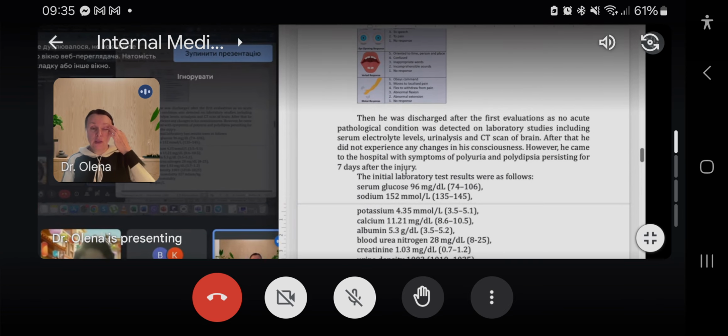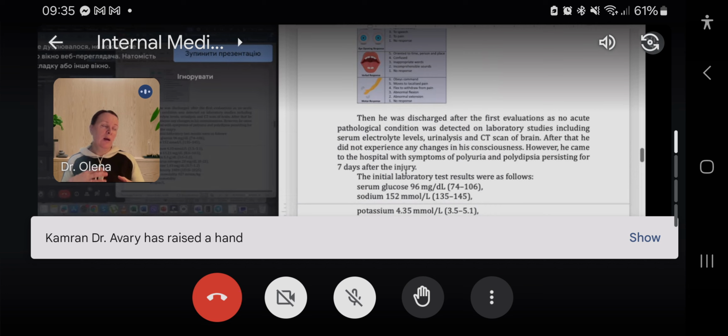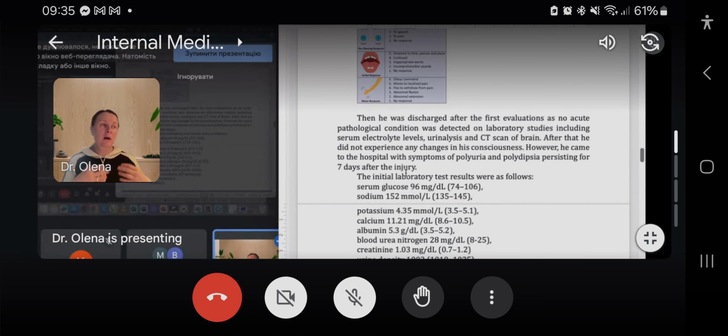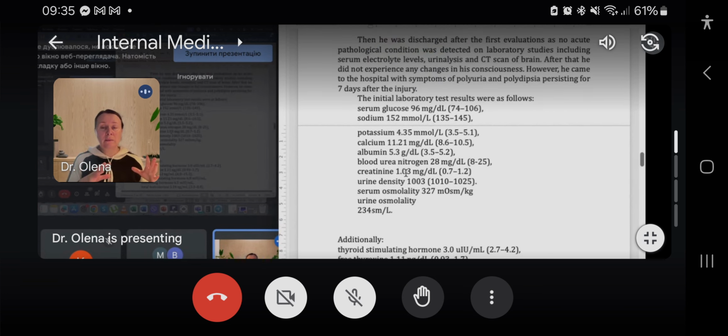And when the patient has thirst and polyuria, we have to think about possible diabetes mellitus. Of course, we analyze the whole situation. We analyze the disease's appearance, early manifestation, possible risk factors, possible causes, and make a conclusion about the possibility of diabetes mellitus or diabetes insipidus. So we always should differentiate.